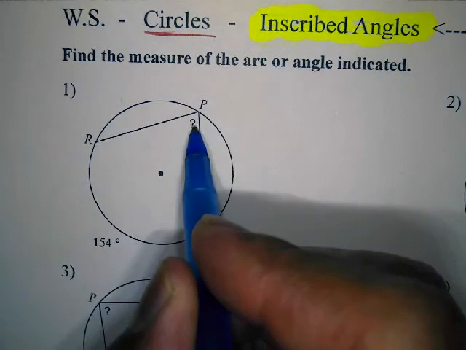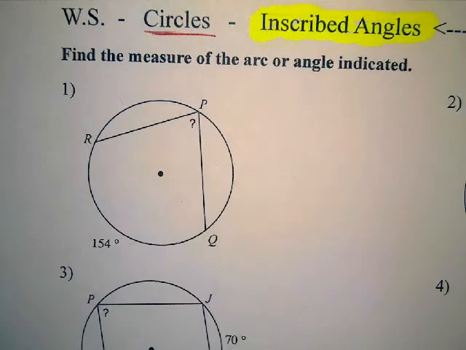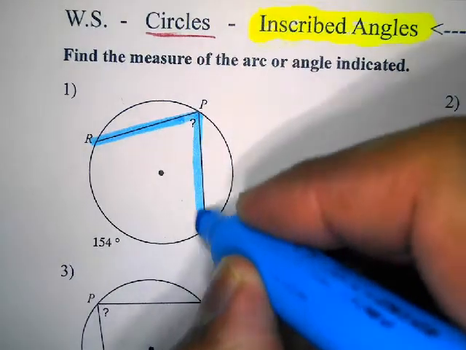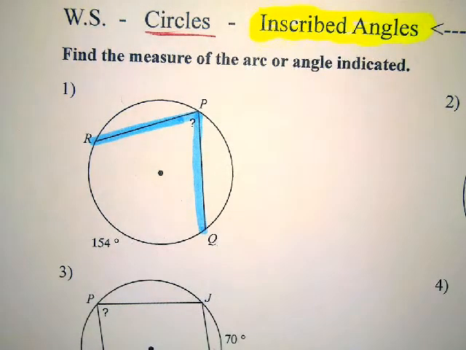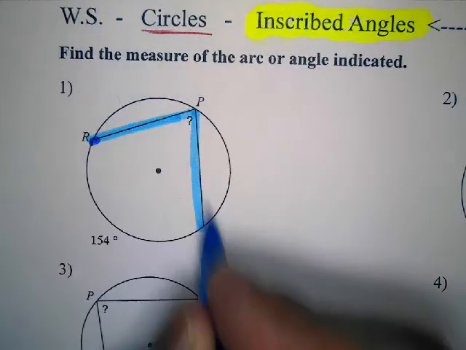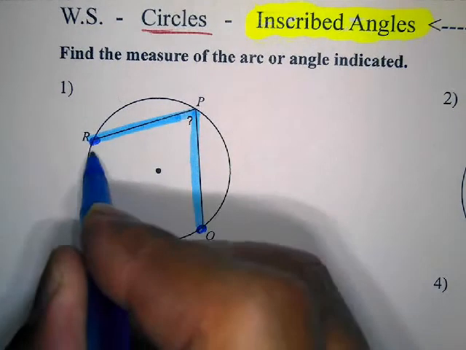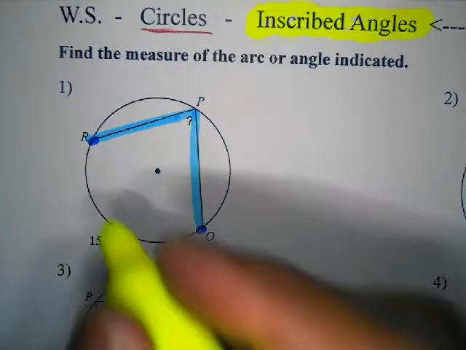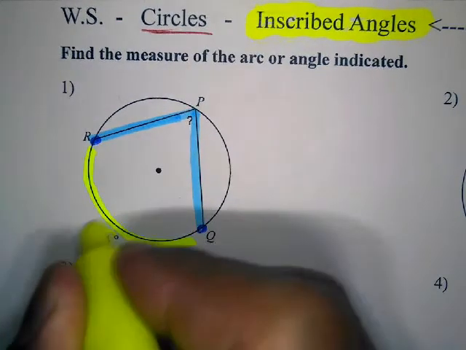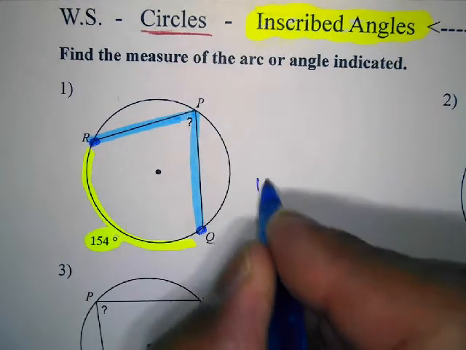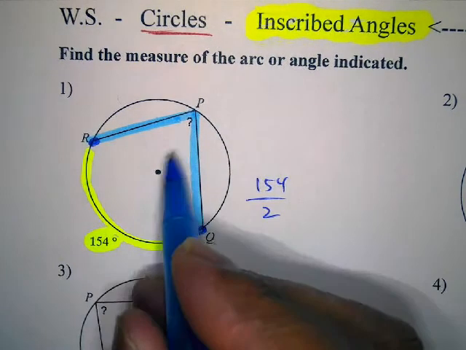Okay, so if they want to find this angle, what do I have to do? Well, I recommend that you use your pencil and make this dark, or use a pen or a highlighter, so you can see where this arc is. This angle is creating which arc? Oh, this one here, and this one says it's 154. So this one has to be 154 divided by 2, right?